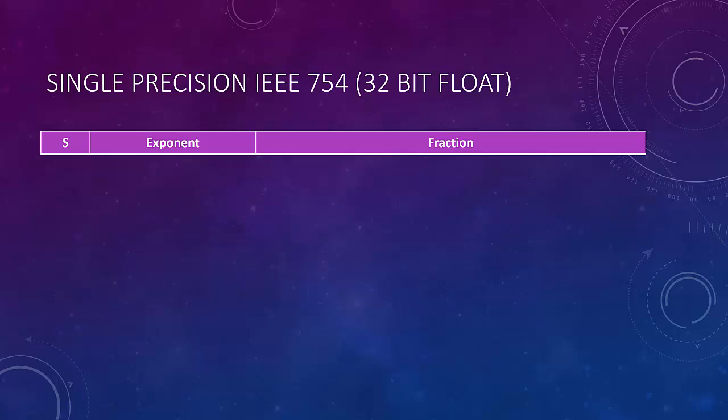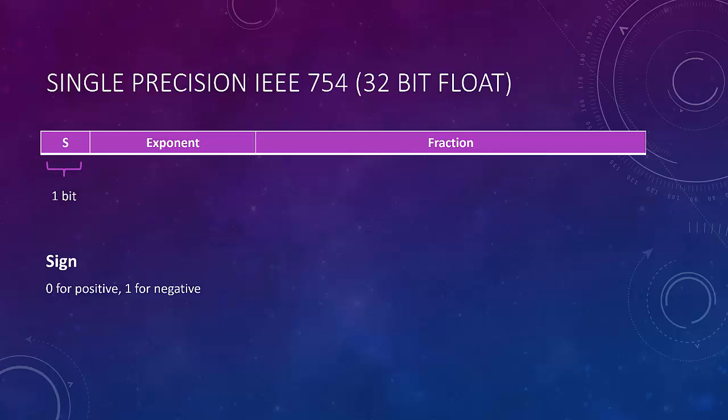So this is the layout of single precision IEEE 754, and it is in fact exactly the same for the double precision. All you're looking at is having more bits that you can store these numbers in. Now the first part is the sign. It's a 1-bit flag to say if it's positive or negative, and it is a 0 for positive, 1 for negative.